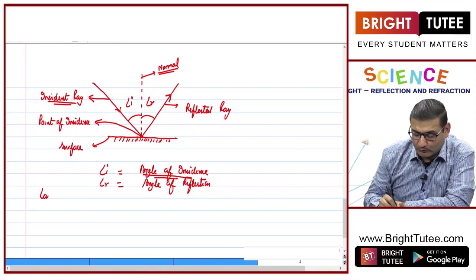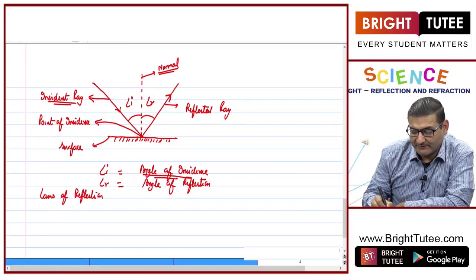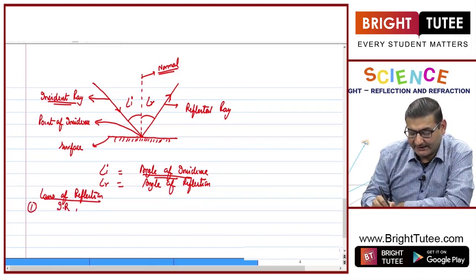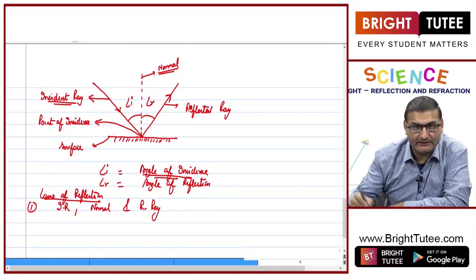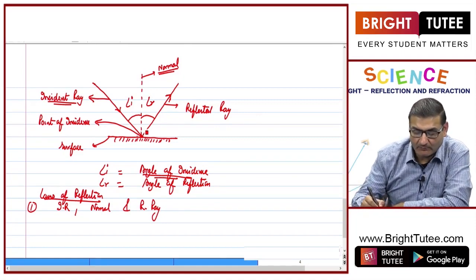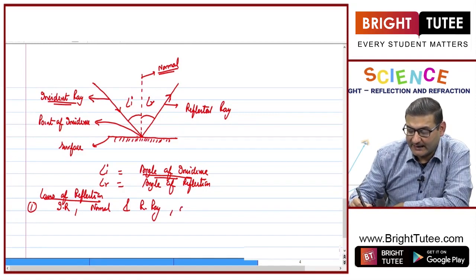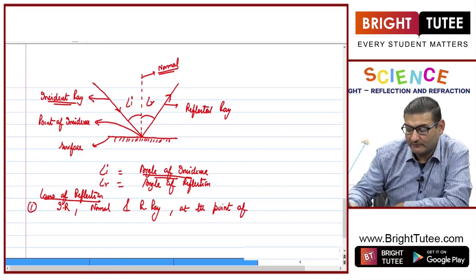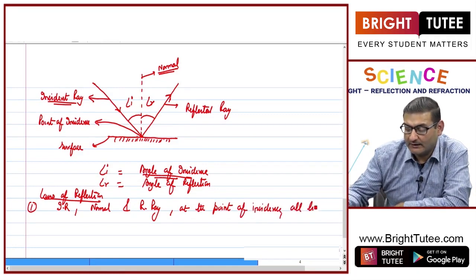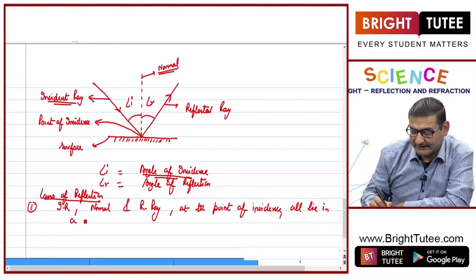Now, there are two laws of reflection. What are these laws? The first law says that the incident ray, the normal and the reflected ray at the point of incidence all lie in the same plane.